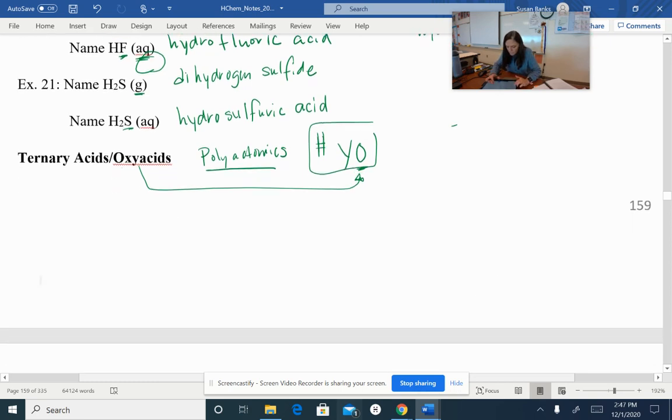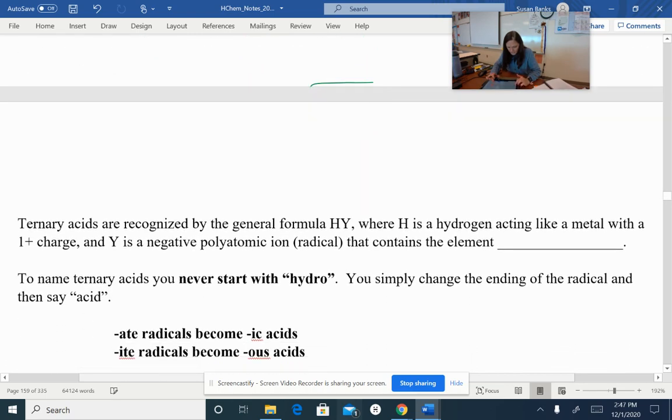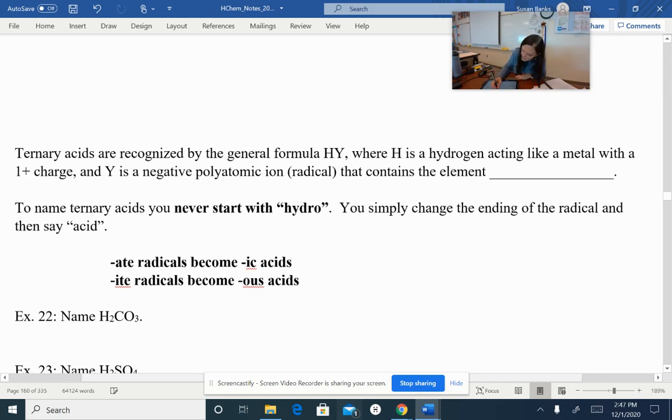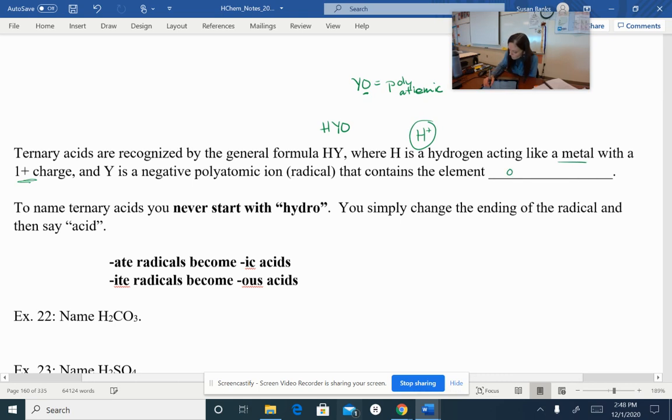Okay? So, ternary acids are recognized by the general formula HYO, where YO is a polyatomic that has oxygen in it, where hydrogen is acting like the positive metal with a +1 charge, and Y is a negative polyatomic radical that contains the element oxygen.